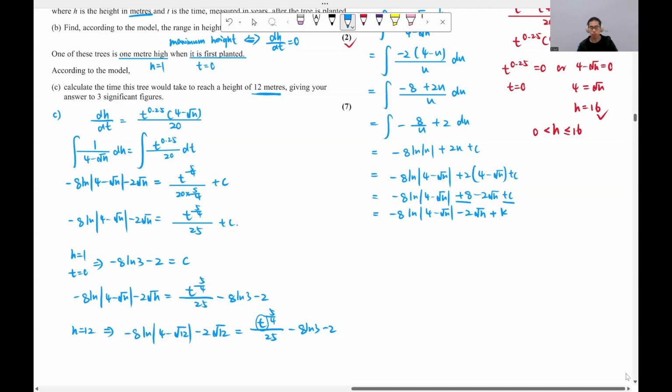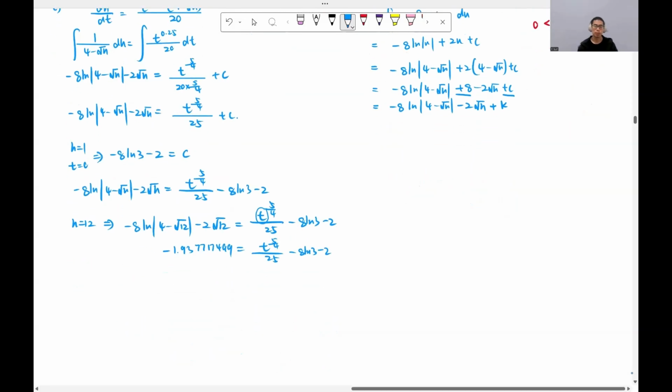So it's easy, we just put it into the calculator. -8 times ln (4 minus root 12) minus 2 root 12 will just give us -1.937771749, equal to t to the power 5/4 divided by 25 minus 8 ln 3 minus 2.